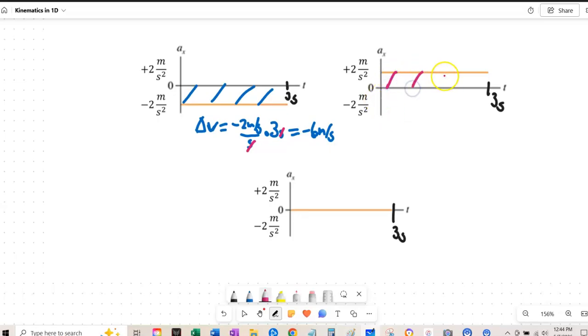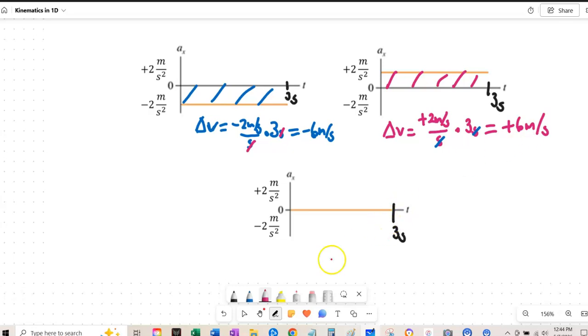In this area right here, which is above the line, that change in velocity is going to be equal to a positive 2 meters per second for every second acceleration times 3 seconds. So again, this s cancels out with one of the s's in the s squared. And this is going to be a positive 6 meters per second change in your velocity.